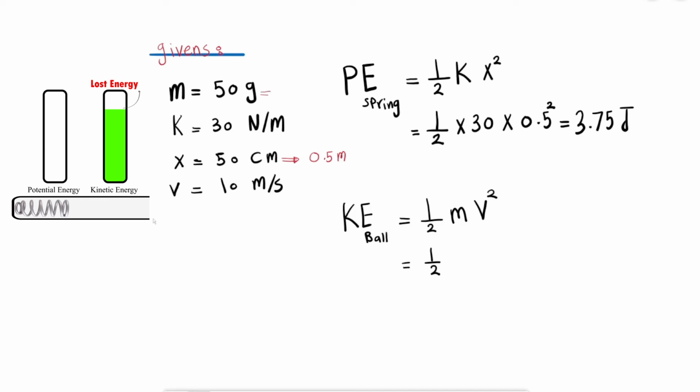So dividing this by 1000, we find out that the mass of the ball is 0.050 kilograms. So when substituting, we multiply by 0.050 multiplied by the velocity squared. It's already in meters per second, so no need to convert the units here. And we find out that this is equal to 2.5 joules.